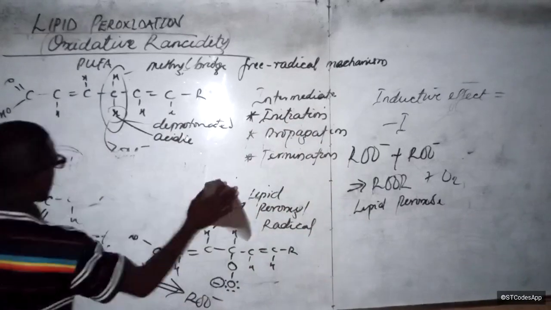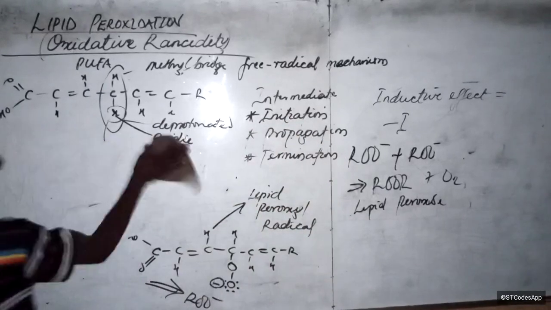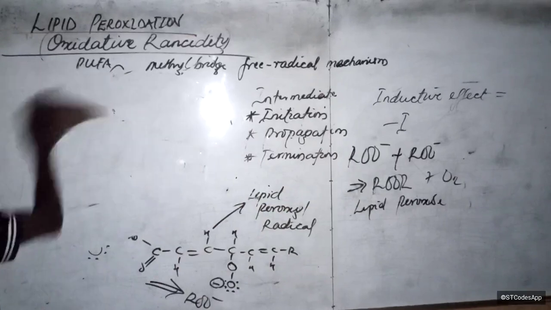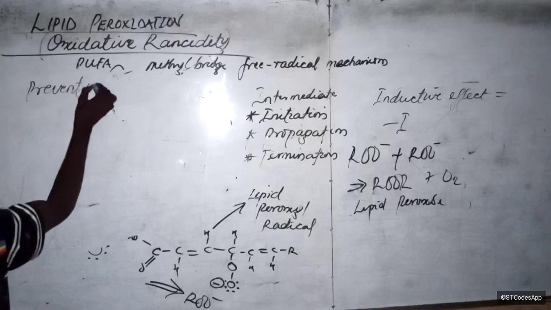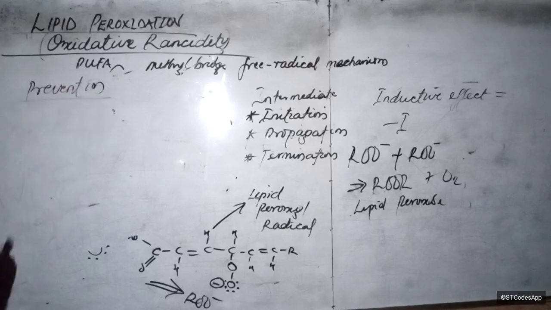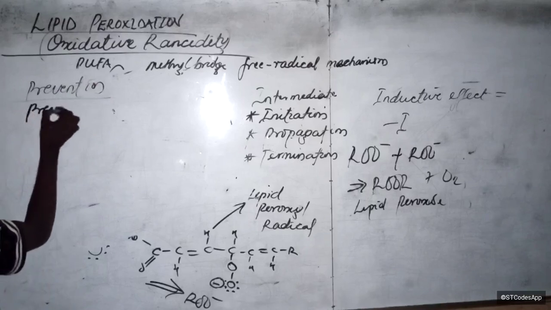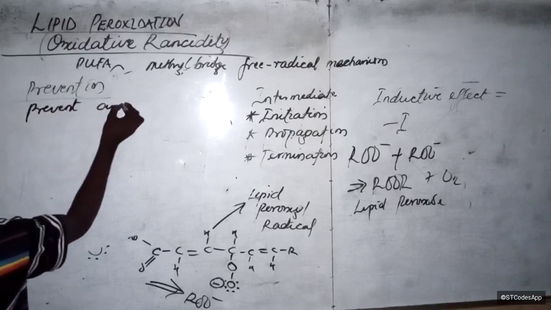So now, how do you prevent oxidative rancidity from taking place? Prevention is the first thing you do: you make sure that you prevent air. So how do you prevent air?